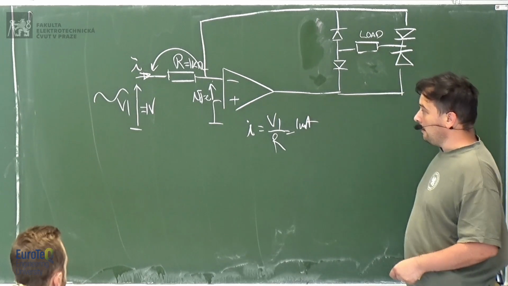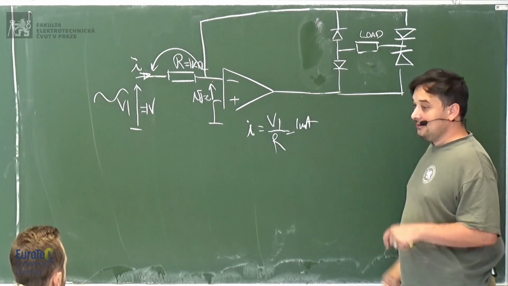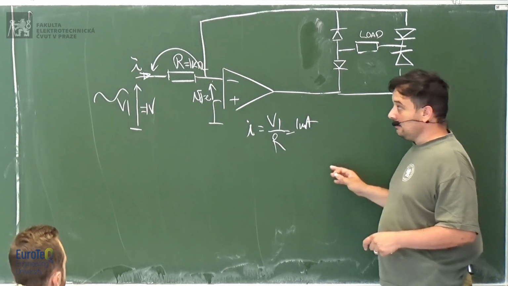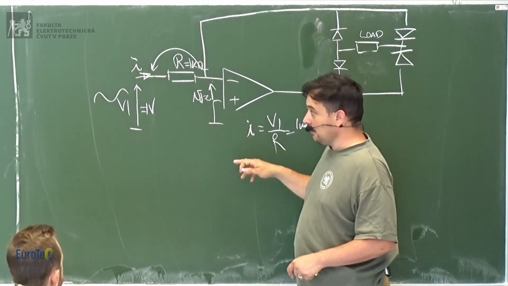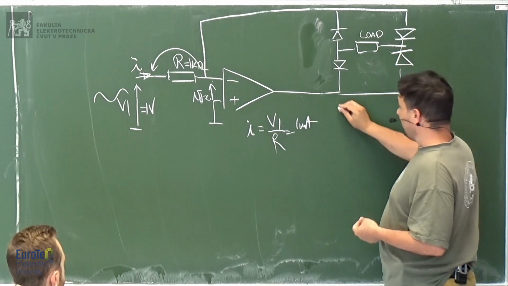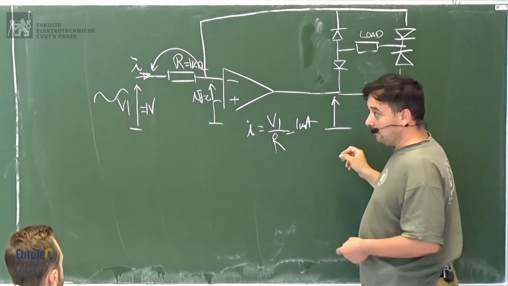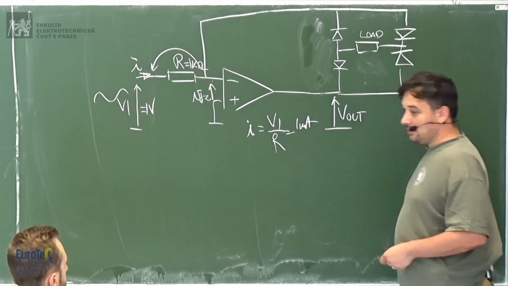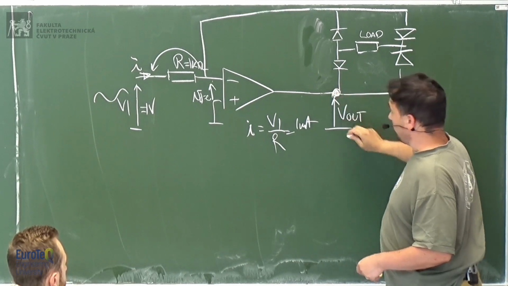Then remember, the operational amplifier tries to do whatever it can to make this equation hold. So the operational amplifier itself will generate an output voltage, V out. This is the output voltage of the amplifier, and it's connected to this point.